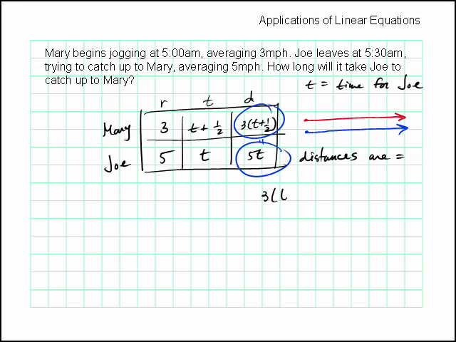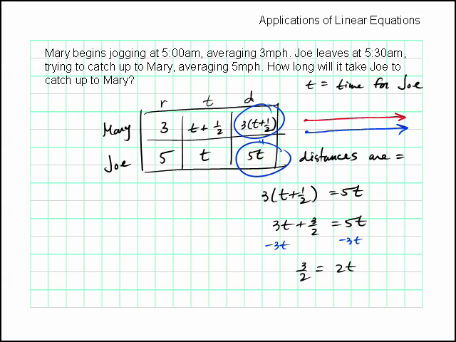3 times t plus 1/2 equals 5t. And that's what we're going to solve. 3t plus 3/2 equals 5t. Subtract 3t from both sides. 3/2 equals 2t.